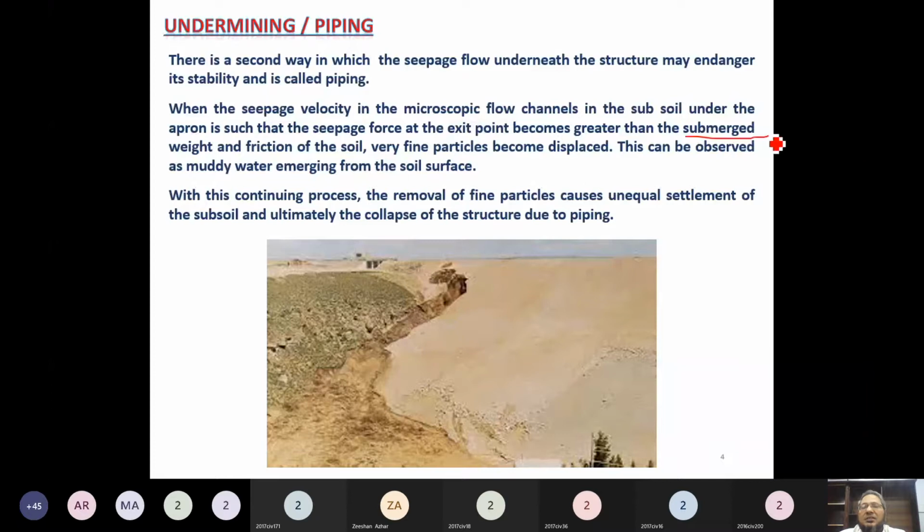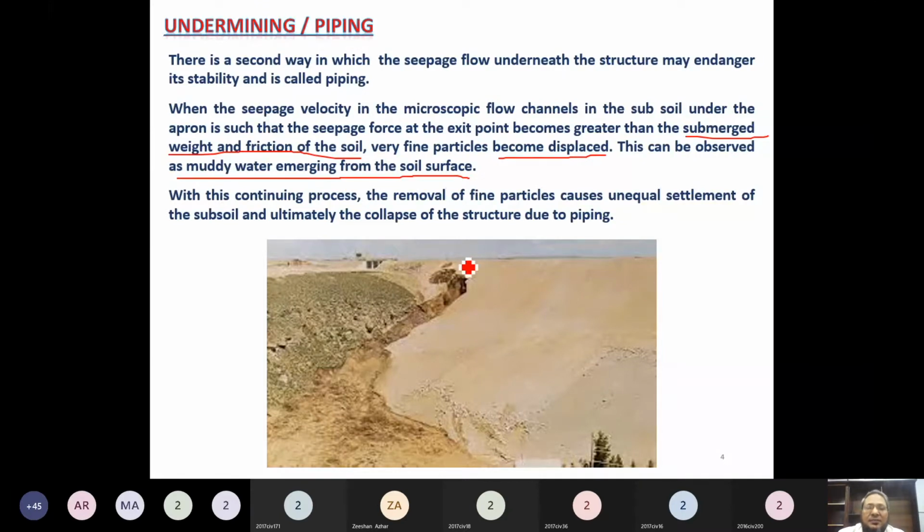These two are resisting forces, and when the seepage force is greater than that, very fine particles become displaced, they start moving. And this can be observed as muddy water emerging from the soil surface.